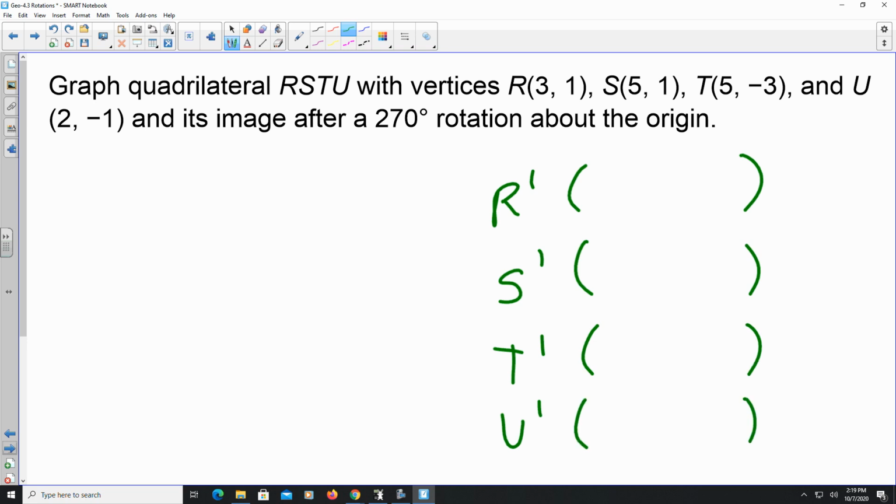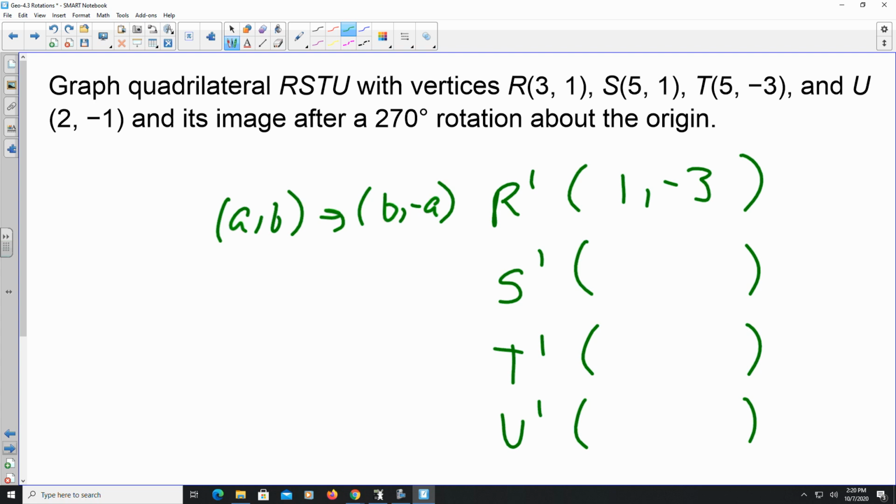And if you recall, it said that if you have coordinates A, B at 270, what you are going to do is you'll flip A and B, but whatever A is going to be the opposite. So if R was 3, 1, that means R prime is going to be 1, comma, -3.